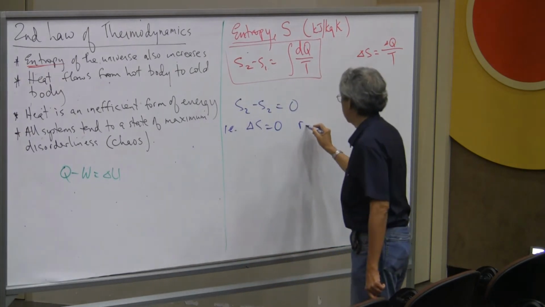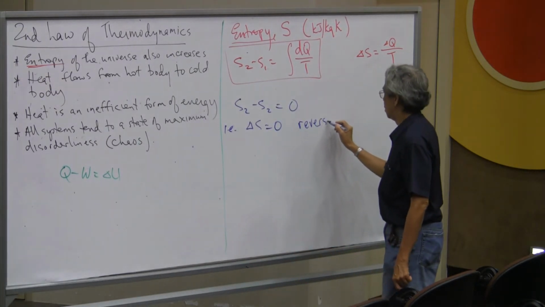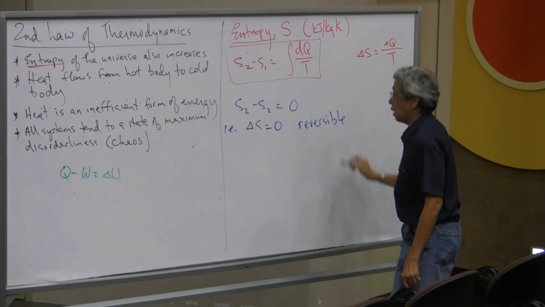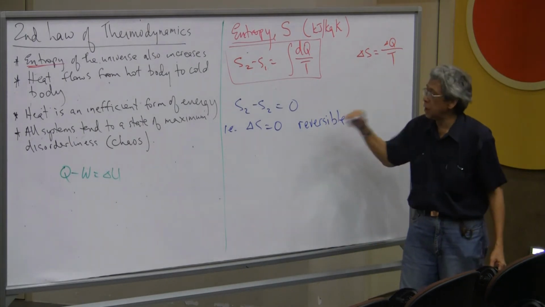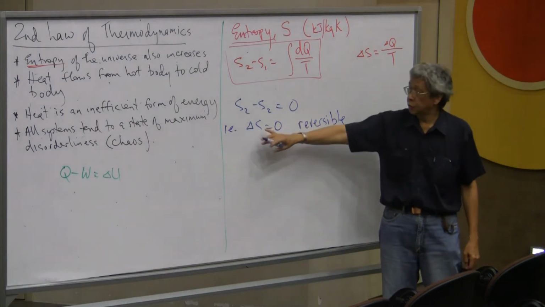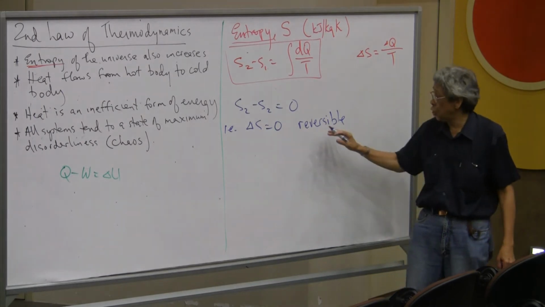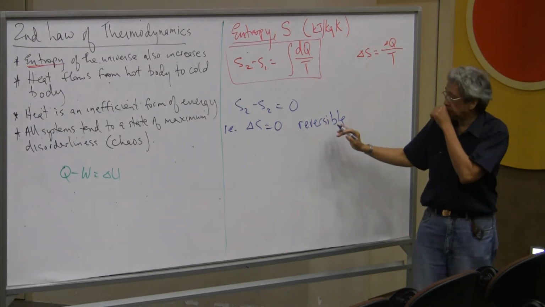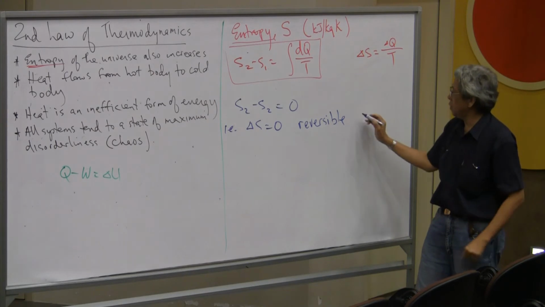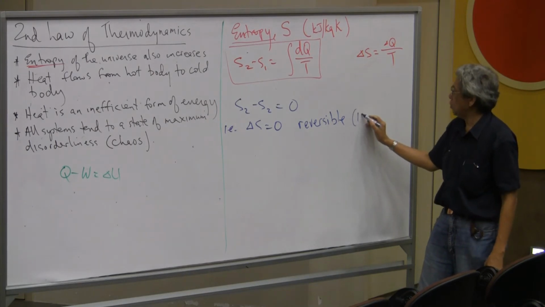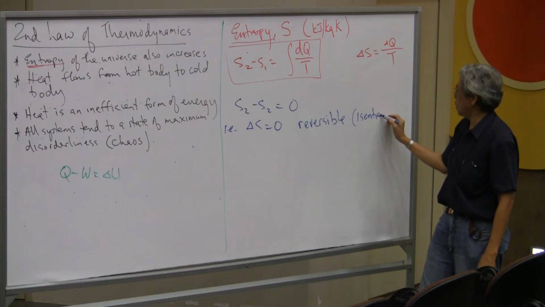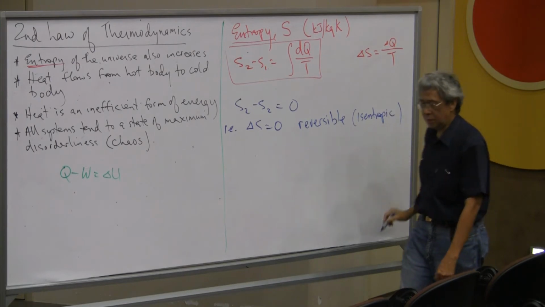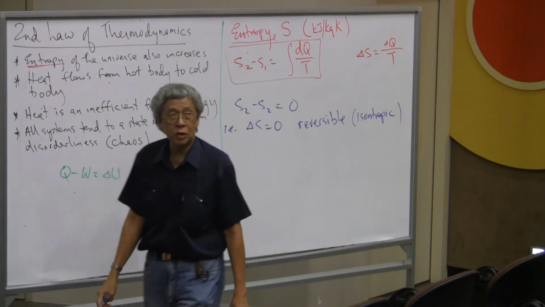This is reversible. For all the discussion, that is the conclusion. If the change in entropy is 0, it is reversible. And we call this an isentropic process. So take note, because if you encounter the word isentropic, you know what it means.